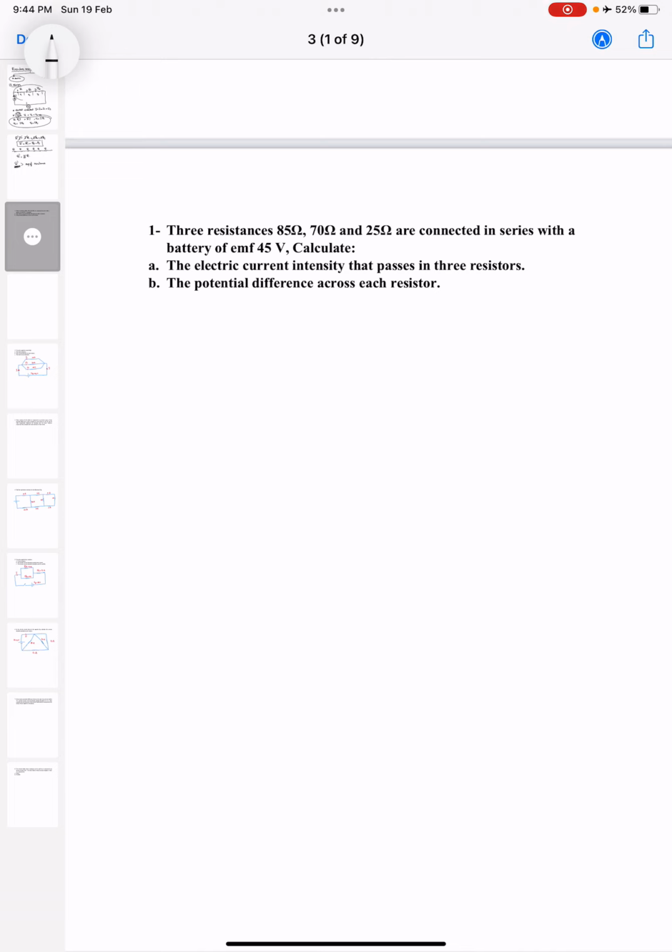Three resistances, 85 ohm, 70 ohm, and 25 ohm, are connected in series with a battery. So R1 equals 85 ohm, R2 equals 70 ohm, R3 equals 25 ohm.